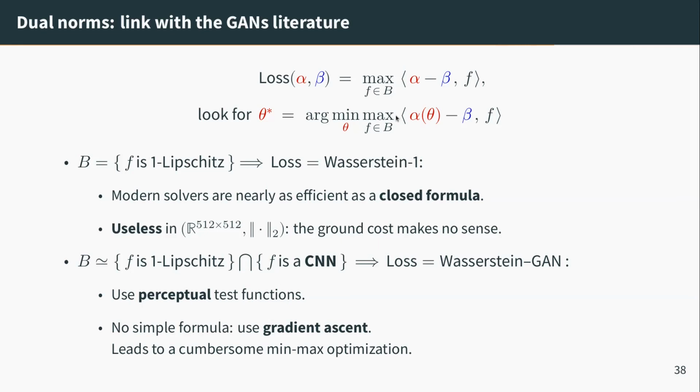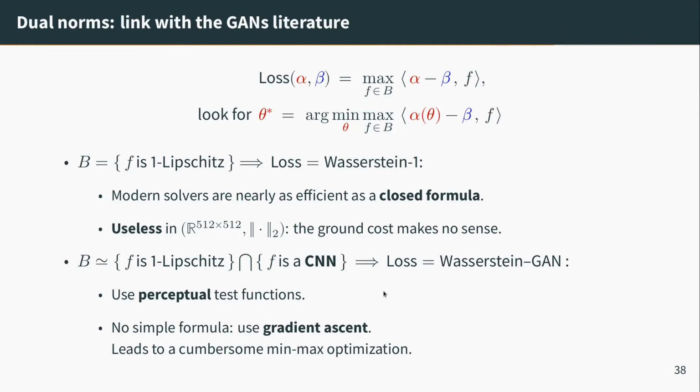We're going to try to compute those kinds of formulas when f is constrained to be a convolutional neural network with a given architecture. Okay? And this puts a very strong prior in the algorithm. Basically, you are constraining yourself to using perceptual test functions that care about texture. So this is what GANs are about.